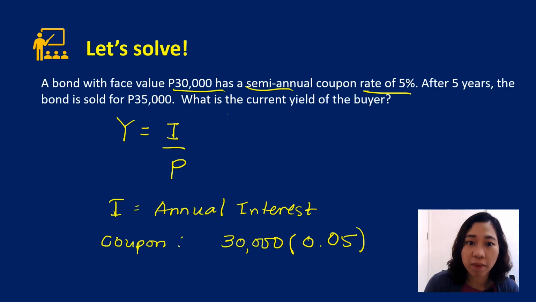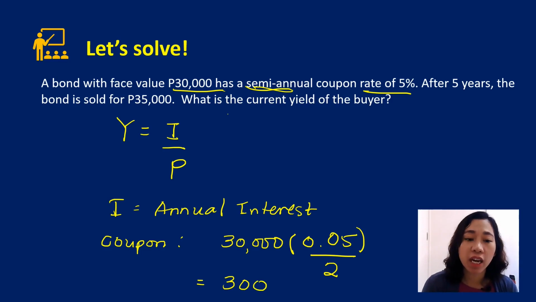Okay, but this is semi-annual. So every 6 months. So that's over 2, because there are 2 periods in 1 year. Understand? So how much is that? This is equal to 300 pesos, this is per 6 months.